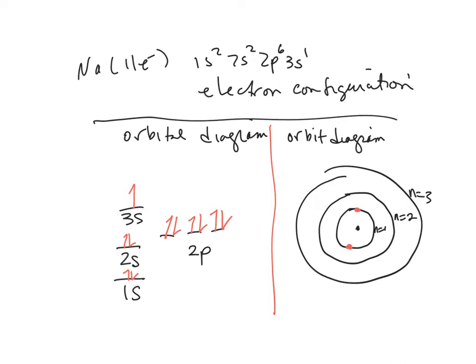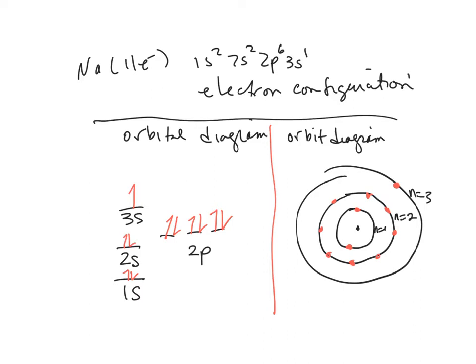You look at the configuration, 1s2. For n equals 2, you have 2s and 2p, so there's a total of 8 in n equals 2. In the Bohr model, there's no difference in energy between 2s and 2p. They're all just the same. So 1, 2, 3, 4, 5, 6, 7, 8. And then for n equals 3, there's 1 electron. Put it anywhere you want.